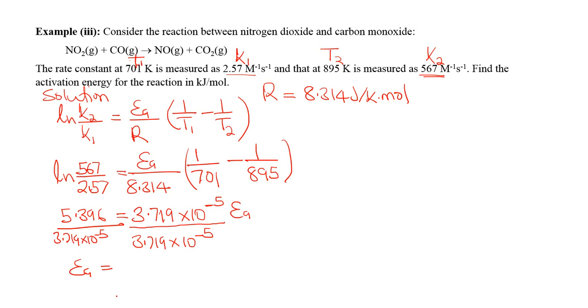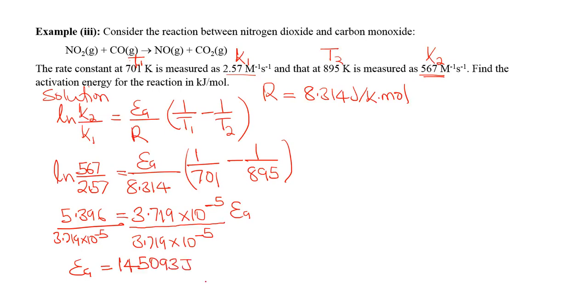3.719 times 10 to the power negative 5, which is 1.45093 joules.